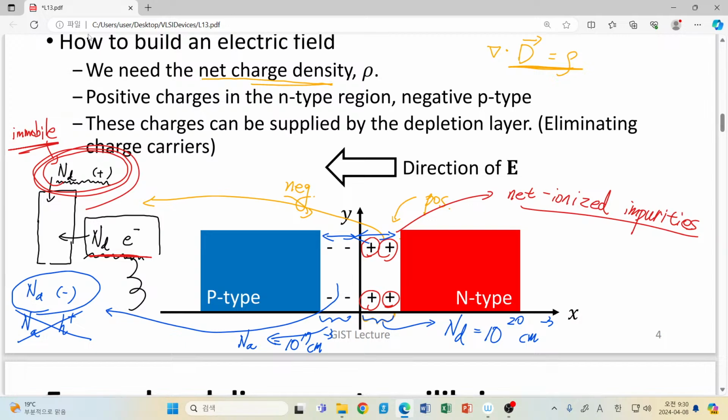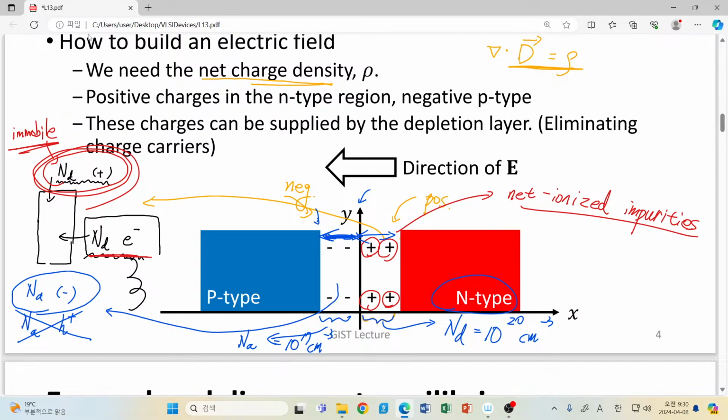In order to get the charge balance, what should we do? The distance from the metallurgical junction to the end of the depletion layer should be approximately 1,000 times longer than that of the n-type region.